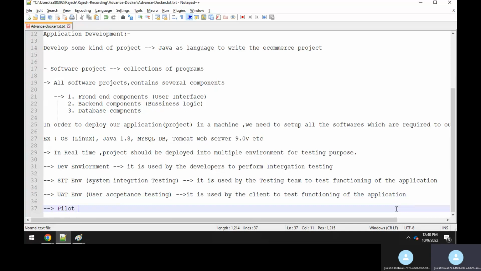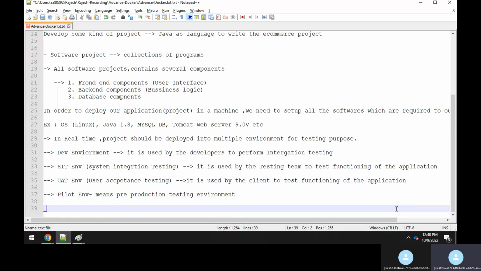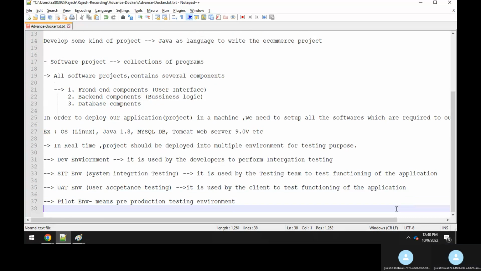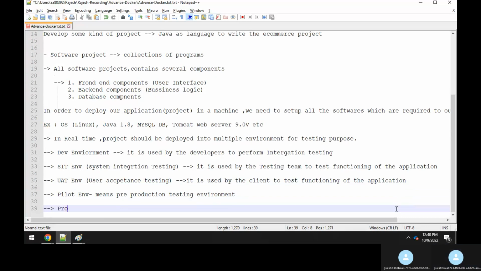And we have a pilot environment. A pilot environment means it's a pre-production testing environment. The last is your production environment, which we call the live.